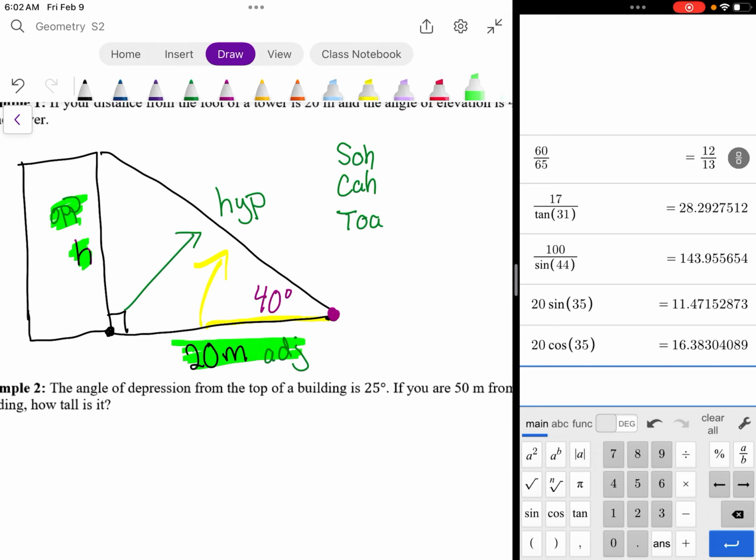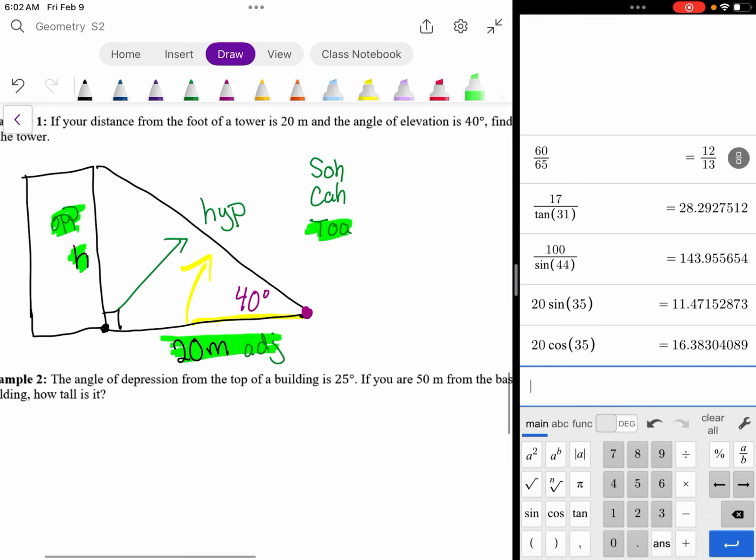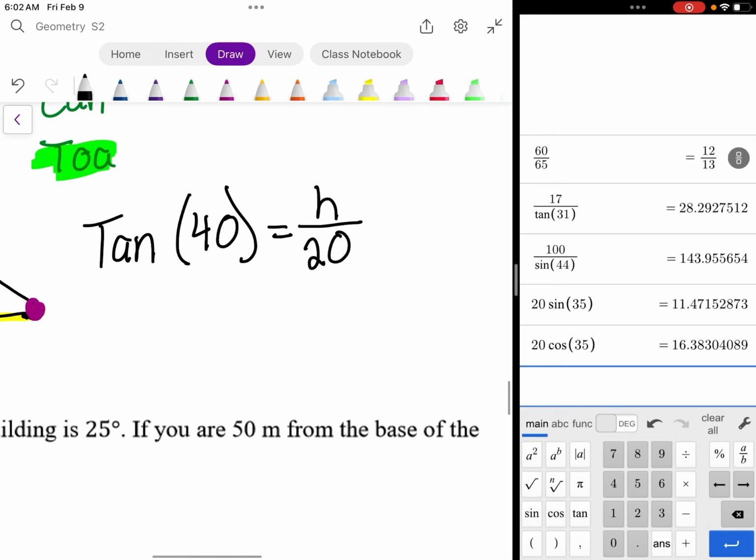So adjacent and opposite means we are going to be using our tangent function. And when we set that up, it's going to be tangent of the angle we are given, 40, equals opposite over adjacent. Once you have that set up, then we just go ahead and solve.